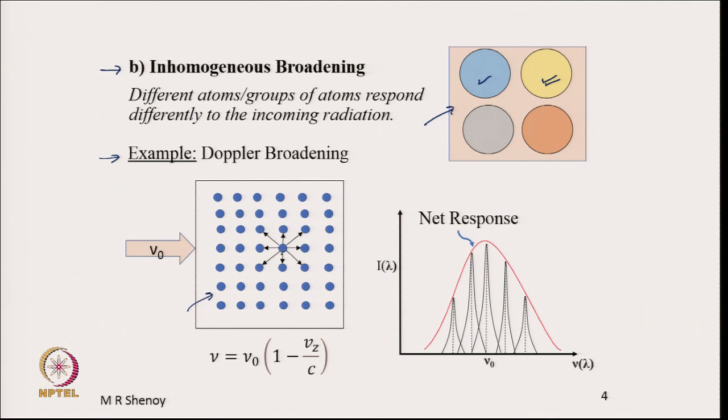Now, the one particular atom which is shown here is vibrating in this direction, or it could be vibrating vertically, or in any possible direction. Now, let us consider incidence of radiation of frequency nu 0.